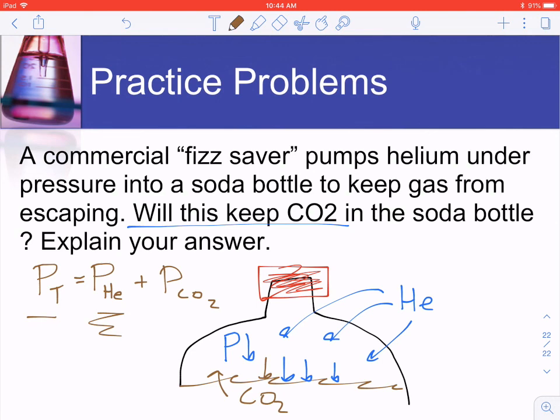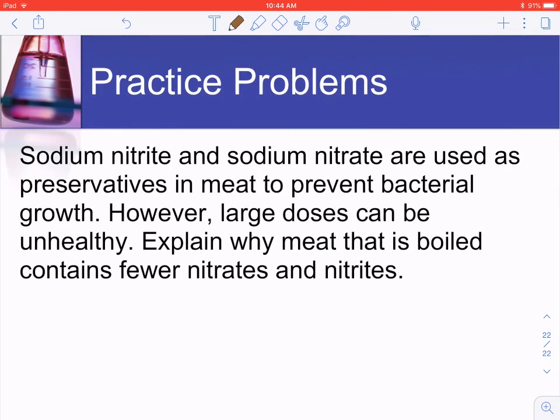The final question I know you don't have on your note guide, but let's discuss quickly. It turns out that sodium nitrite and sodium nitrate are used as preservatives in meat, and that's important so we don't get a lot of bacteria growing on them, but those aren't necessarily the most healthy things for us. So how might we be able to remove those? Well, it turns out that if we boil meat instead of grilling it, remember whenever we boil meat, we are boiling it in water, H2O, and especially at high temperatures, so if T increases, you increase the solubility of these ionic compounds.